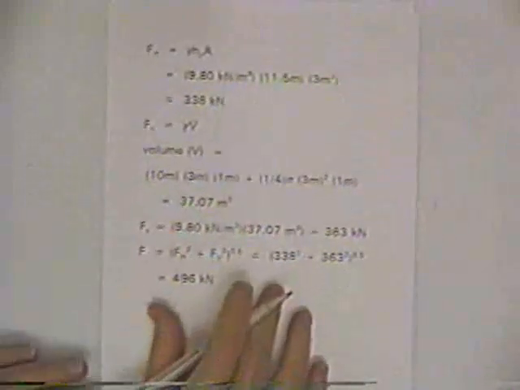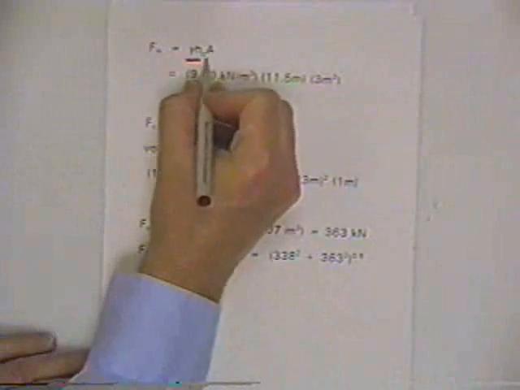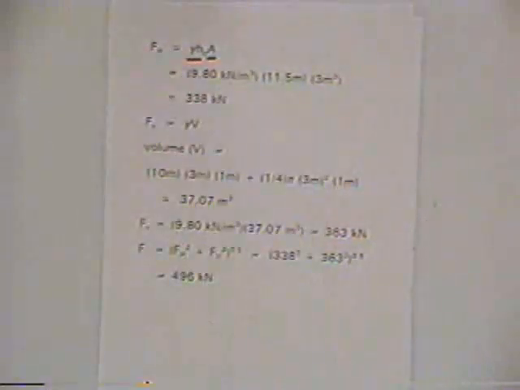And so we're looking at the numbers. The force is the pressure times the area, and the pressure is the unit weight of the fluid again times the distance from the water surface vertically to the centroid of that area, or the projection, the vertical projection of the area.